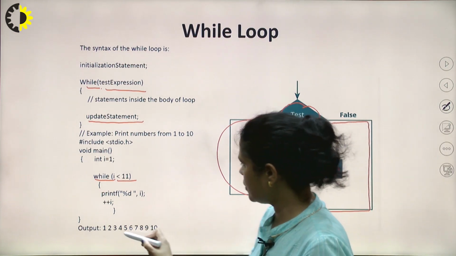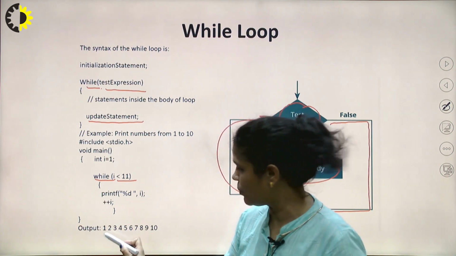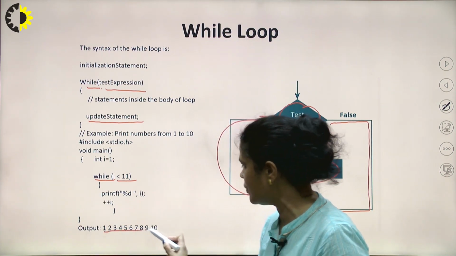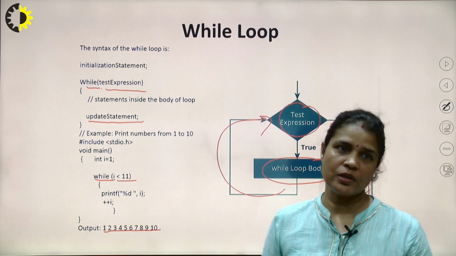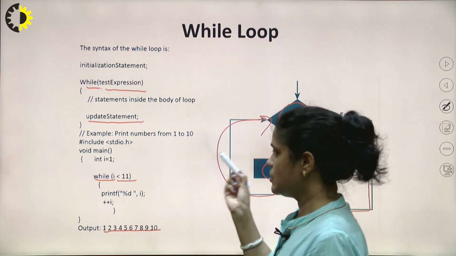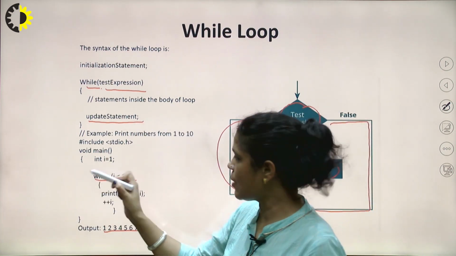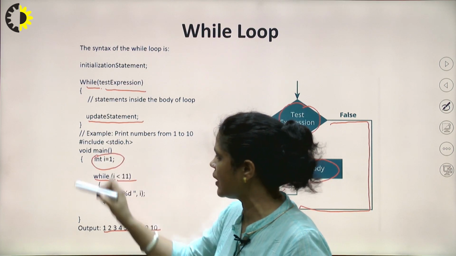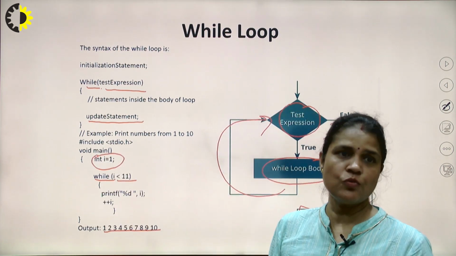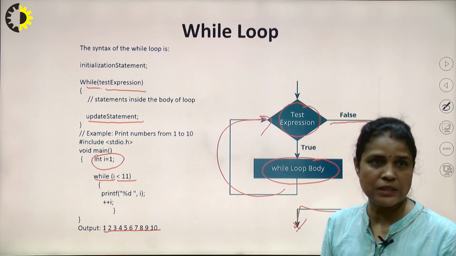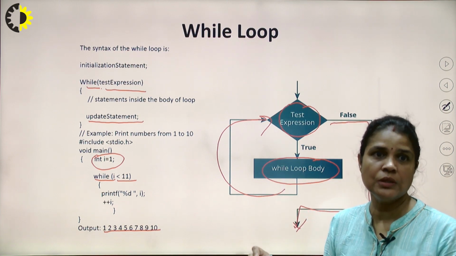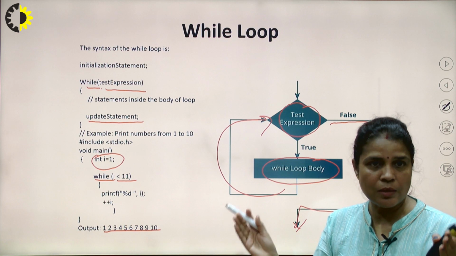Here again we are taking a small example. We need to print from 1 to 10 on the screen. How to write the while loop for that? In the previous example, we initialized I with 1, and in the for loop we write the initialization, test expression and updation all together in a single parenthesis.